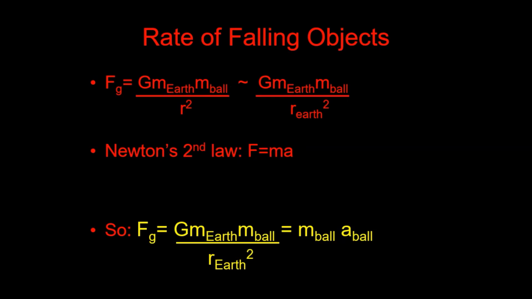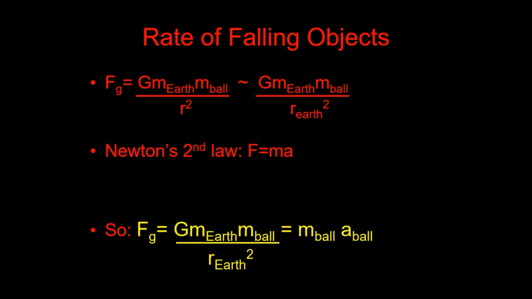So if we look at this, this is our force of gravity, G m m over r squared, and let's not worry too much about what elevation a ball is at. Even if it's at the top of a tall tower, that height is small compared to the radius of the Earth, which is enormous. So we're going to replace r with the radius of the Earth squared. This is a force of gravity.